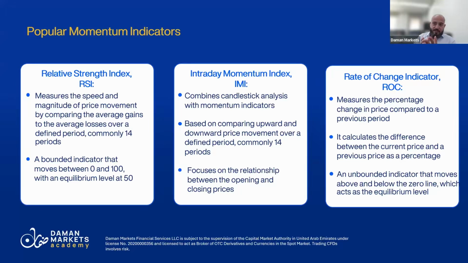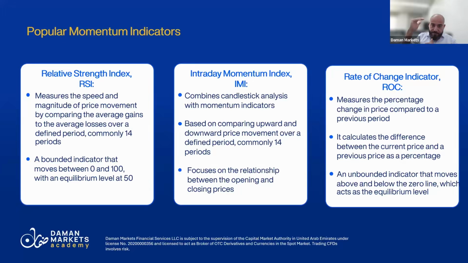It's an unbounded indicator that moves above and below the zero line. Because we are comparing the price of today with the price 28 periods ago, if today's price is below the price 28 days ago, the value of the indicator will be negative. If the price today is higher than where it was 28 periods ago, the value becomes positive.